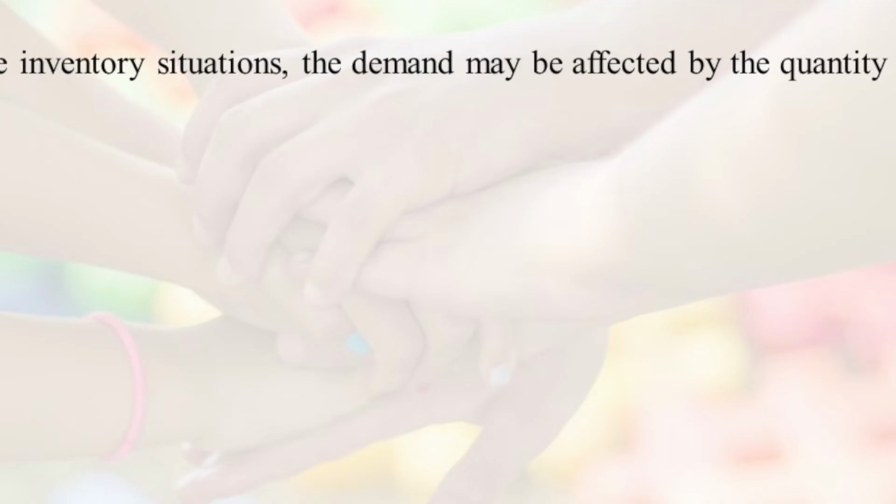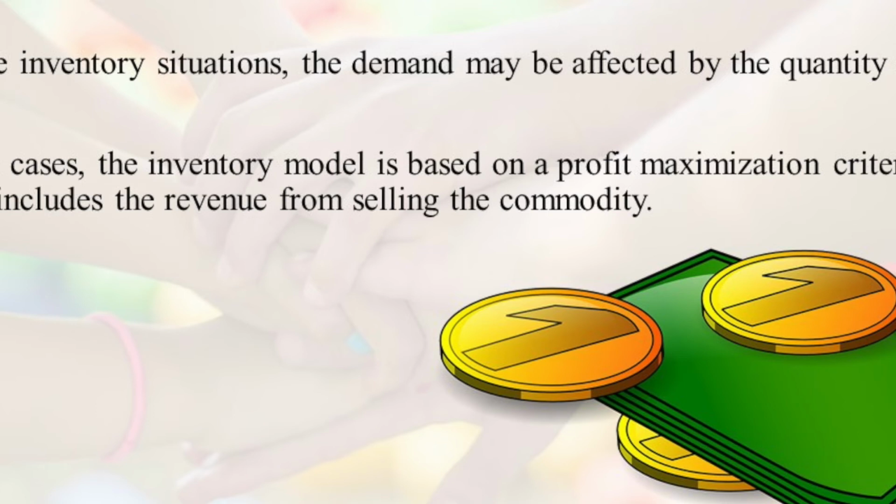Learners, we were discussing the inventory model and under that we were discussing the selling price. In some inventory situations, the demand may be affected by the quantity stocked. In such cases, the inventory model is based on a profit maximization criterion which includes the revenue from selling the commodity.